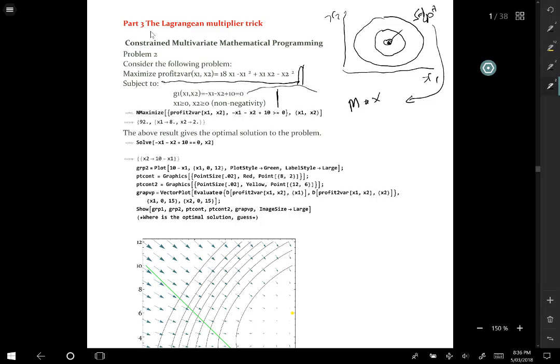Let's just take this constraint here. It's written in a slightly strange way, but it can be interpreted in a common sense way. So it's saying that x1 plus x2, by putting these two over onto the other side of the equation, equals 10.